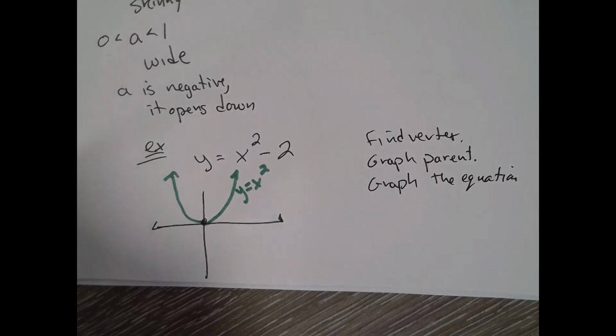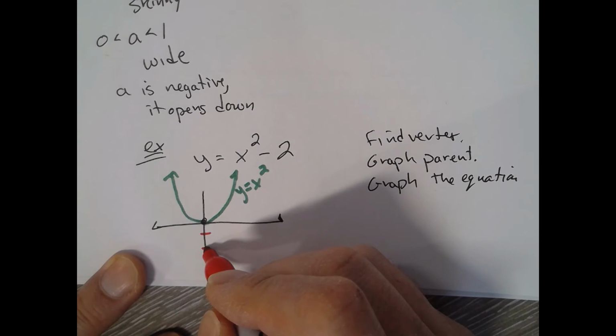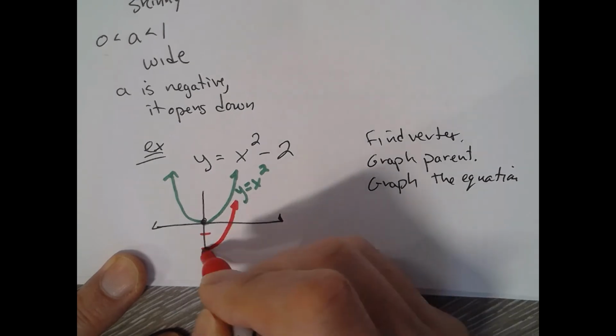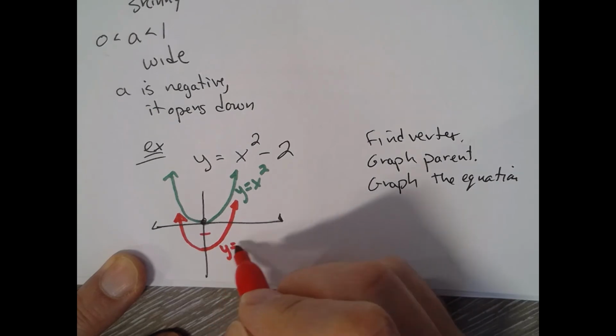So if I was going to graph x squared minus 2, can somebody tell me, without looking at your calculator, what does the minus 2 do? Do we remember? Good, it goes down 2. So we would go down 1, down 2, and we would draw the same shape opening up, and that's y equals x squared minus 2.